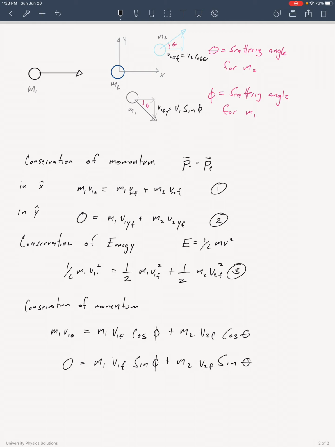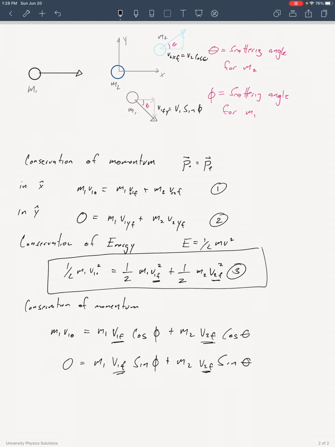Okay, now I want to be able to use these equations along my equation 3. So what I'm gonna have to do is square them so that I can add and cancel out all the components squared. Because you see now that I have just v2 final, v1 final. Alright, so I only have those variables now.